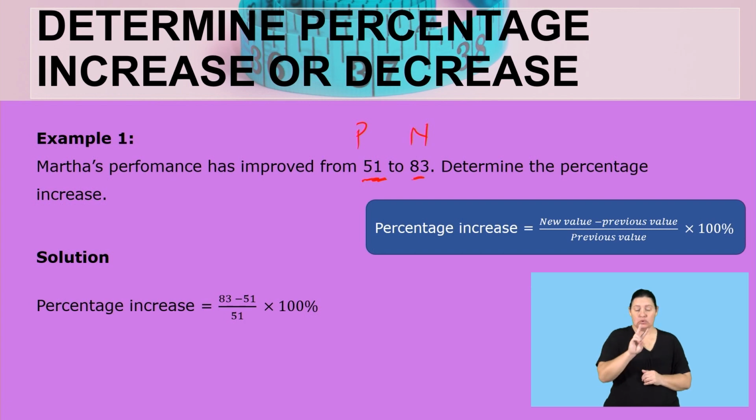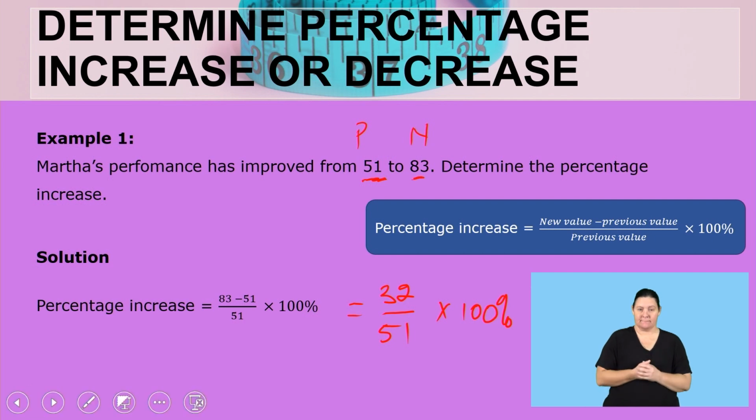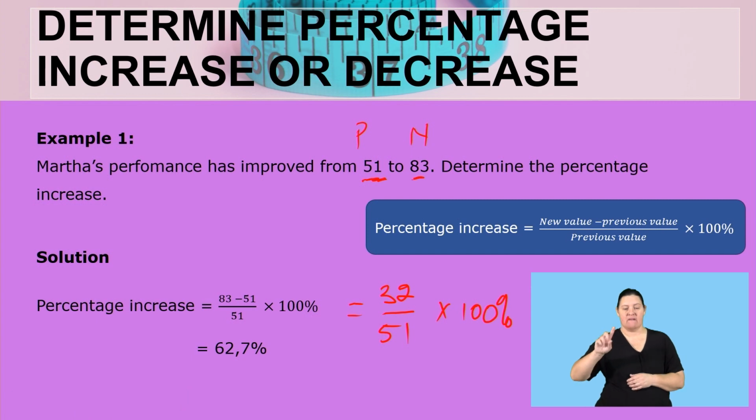After getting 32, we take the 32 that you got, divide it by 51, and multiply by 100%. So we divide this by 51, and then we multiply it by 100. And remember not to press the percentage sign. The answer that we are going to get is 62,74509804.